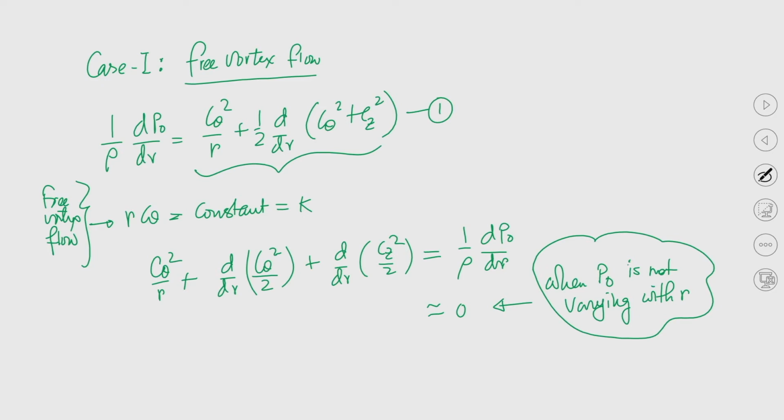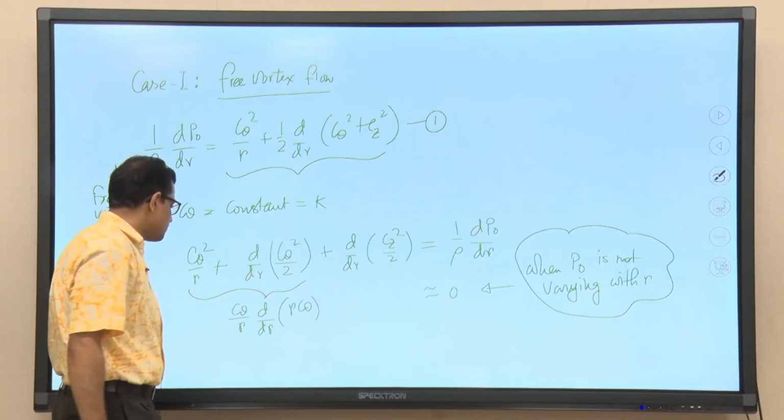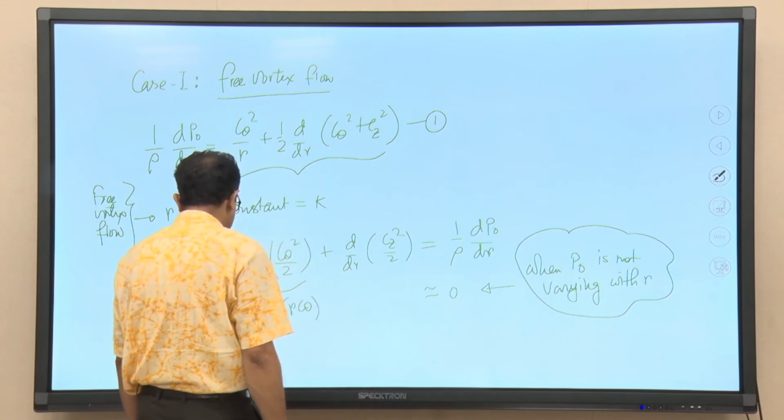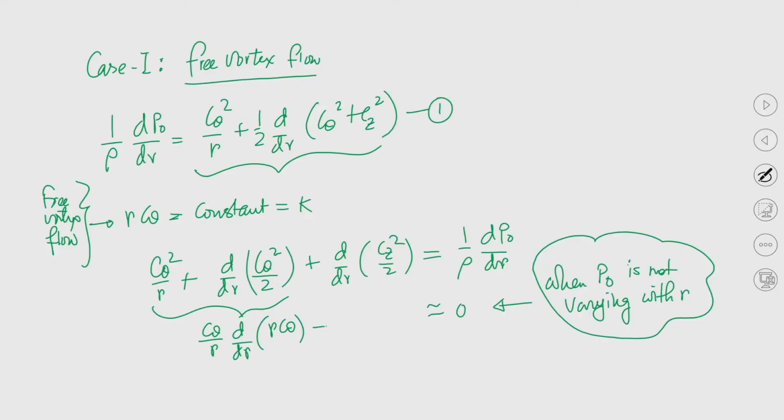Now, I can write these two terms together in the form c theta upon r d dr of r c theta, right. So, I can club these two terms together and I can write in this compact form. Now, what I can write is, basically, plus d dr of c z square by 2 that is equal to 0.